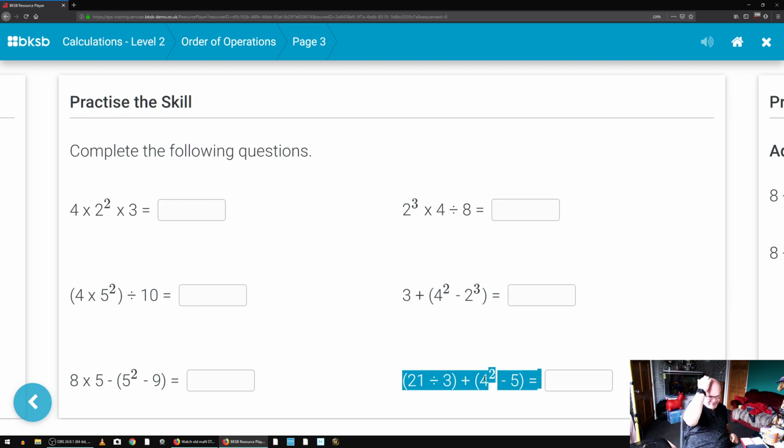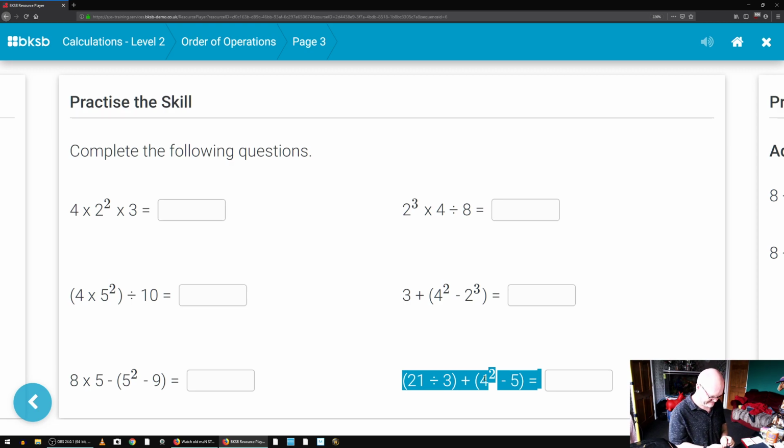But you'd actually have to know what 4 to the power of 2 is anyway, wouldn't you? Which is 16. 4, 8, 12, 16. So why they can't just put 16 there is, I don't know. So we would do the indices first. So that would be 16.